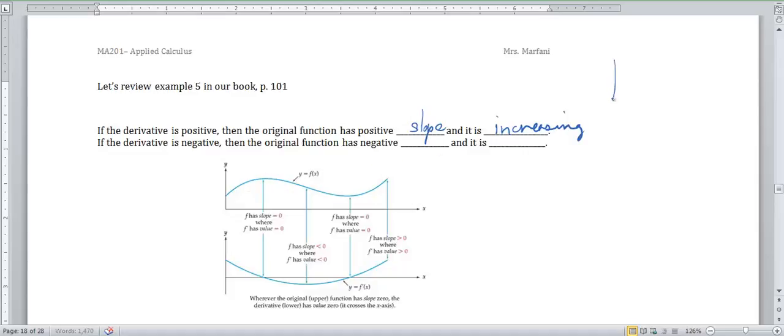Any kind of function, whether it's like this, or like this, so it has to look like this. So the original function has positive slope, okay, and it is increasing. If the derivative is negative, then the original function has negative slope and it is decreasing.